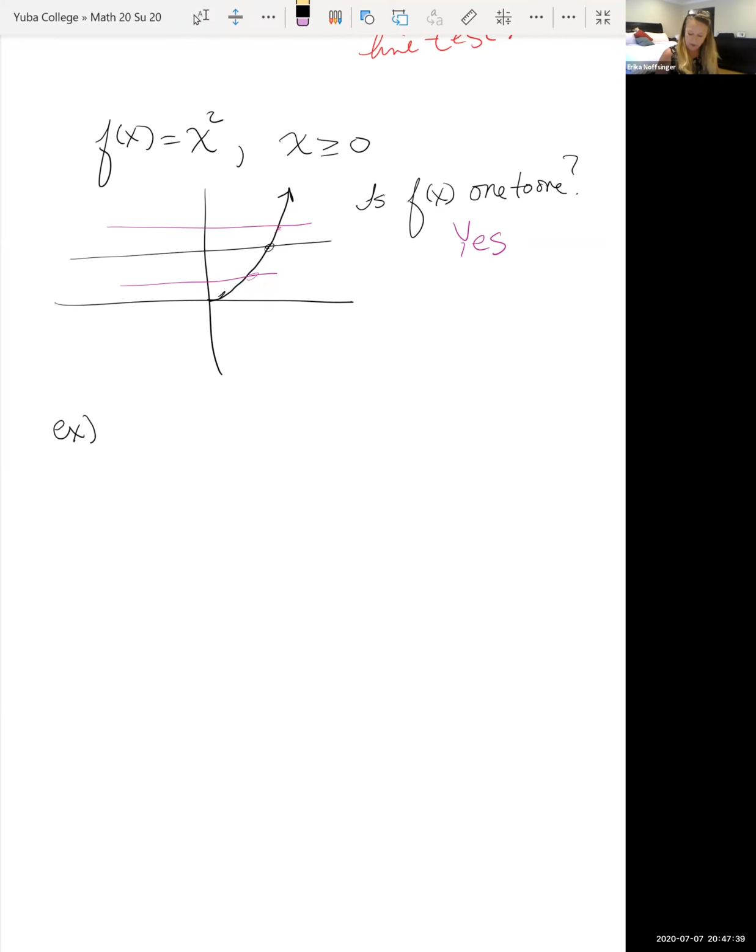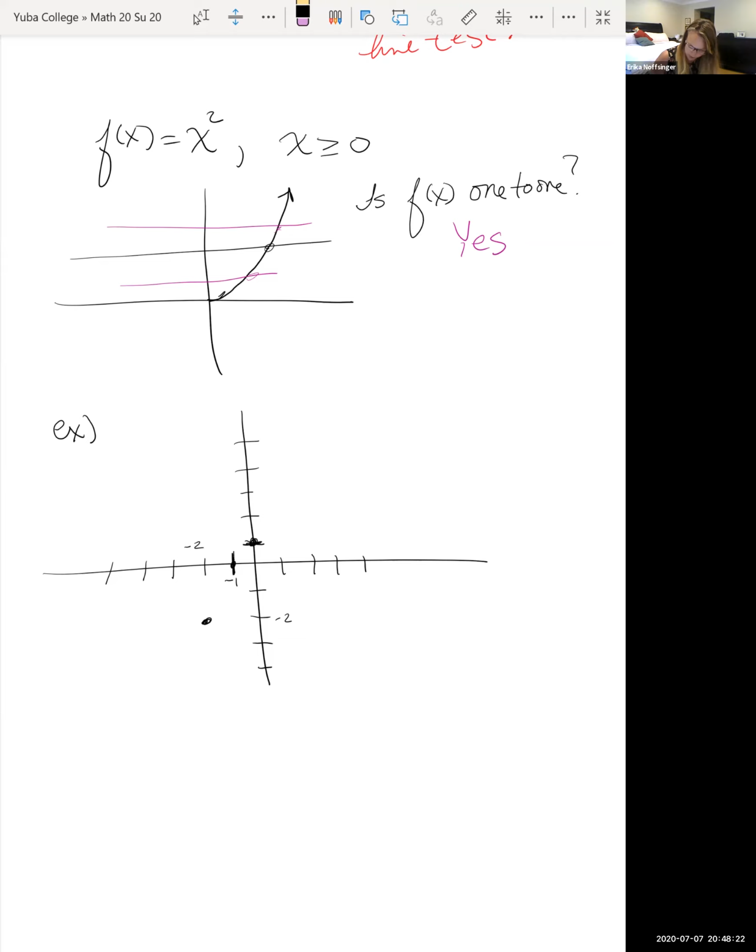Let's say you're given a graph, and we have some points. Let me just draw this. So it looks like we have a point at -2, -2. We have a point at -1, 0. We have a point at 0, 1.